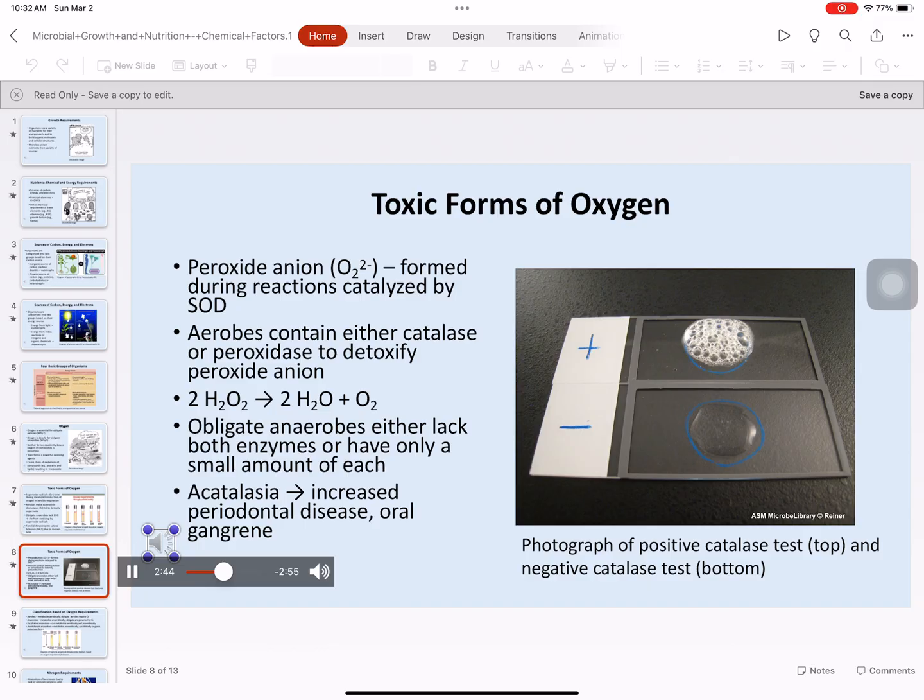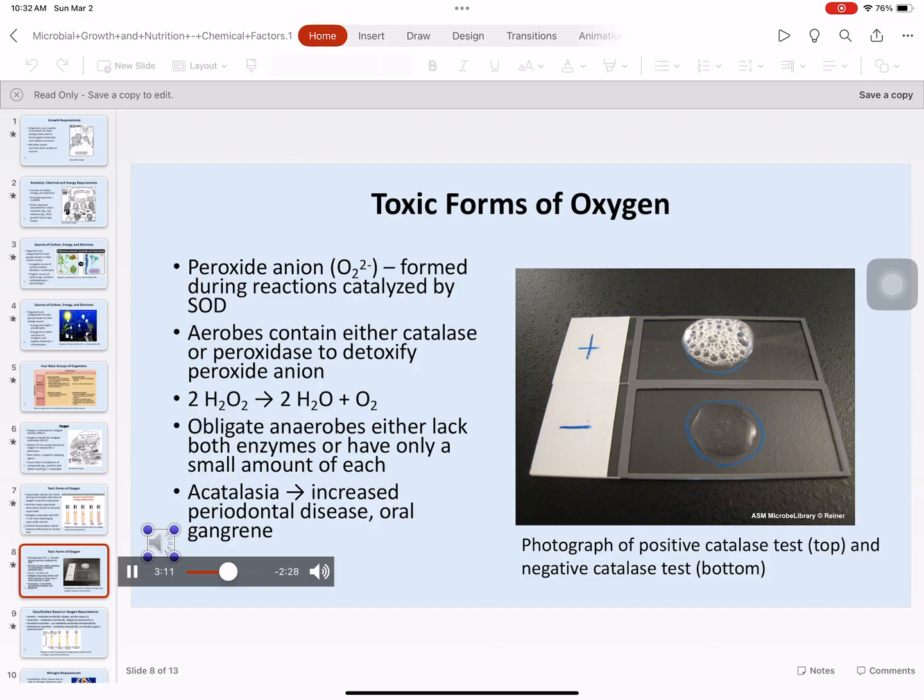Now, it turns out that organisms that are obligate anaerobes, that is, they can't tolerate so much as a whiff of oxygen, either lack both superoxide dismutase and catalase or peroxidase, or it may be that they have very inadequate amounts of each.